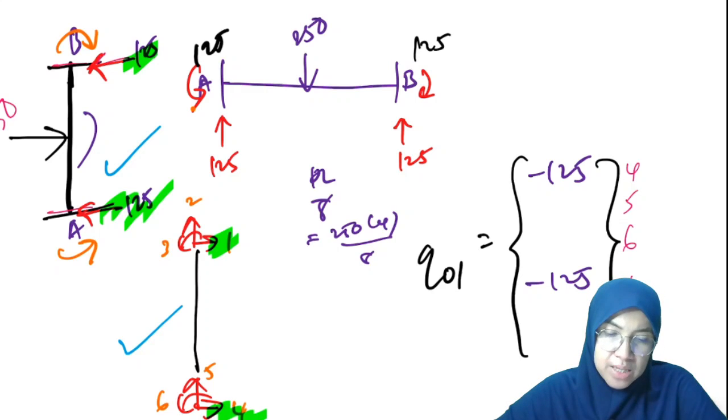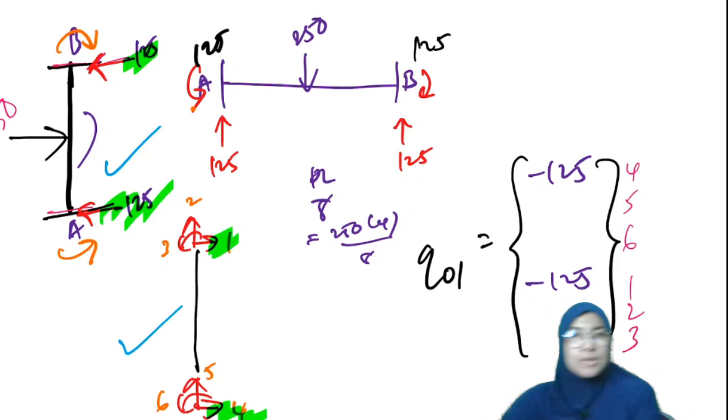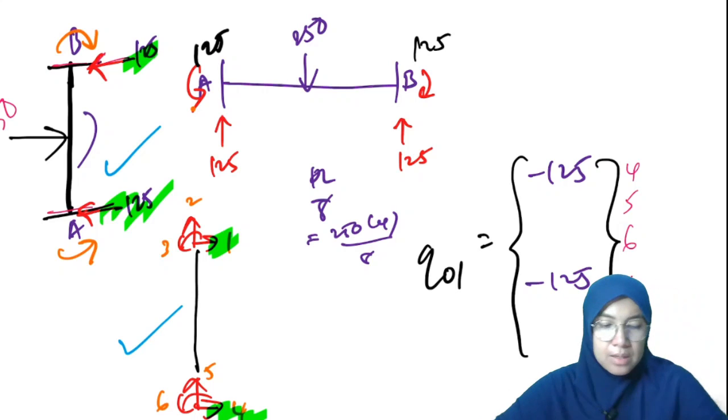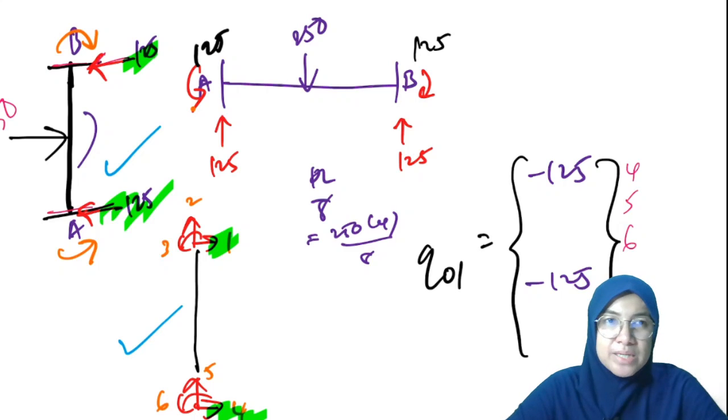Both are negative because the reaction is opposite to the sign convention of the degree of freedom numbering. So 125.